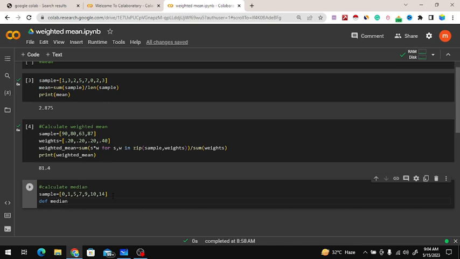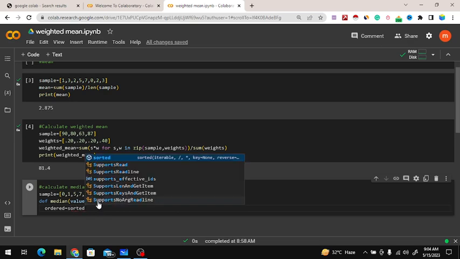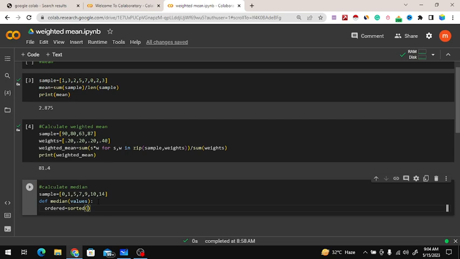We create our own function with values as a parameter. So we are going to define median and order. As we already discussed, we need to order the values. So the order should be equal to sorted, parenthesis, put here the values.